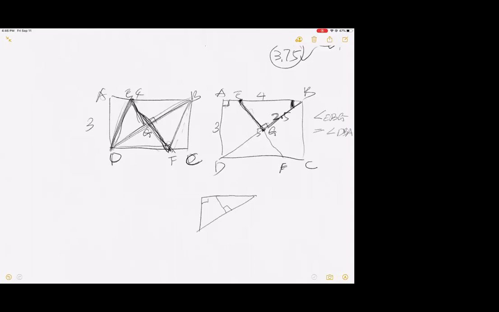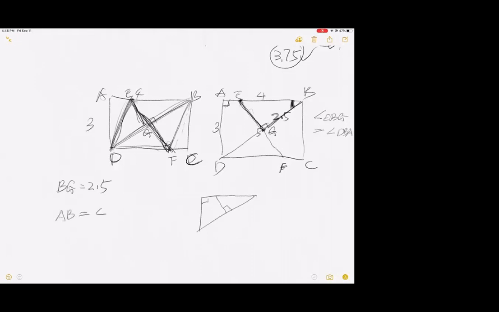And then BG is 2.5, and the corresponding side on triangle ADB is AD, which is 4.